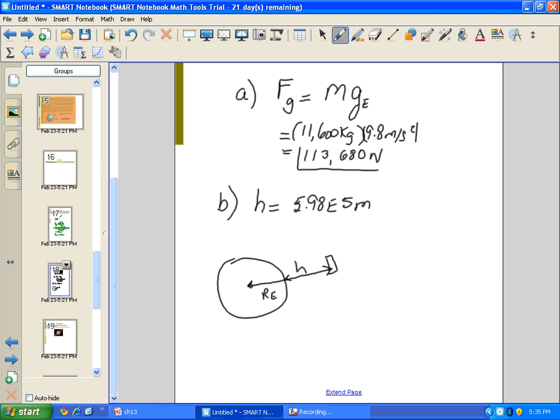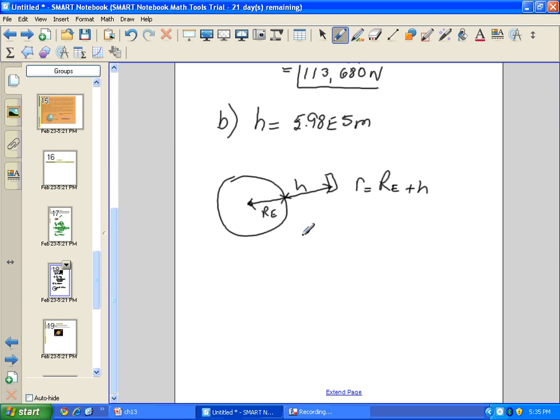However, the distance that separates the Earth, the concentration of mass of the Earth, which is at the center, and Hubble is little r, which equals the radius of the Earth plus its orbital altitude. So we have to take that into account in this calculation.